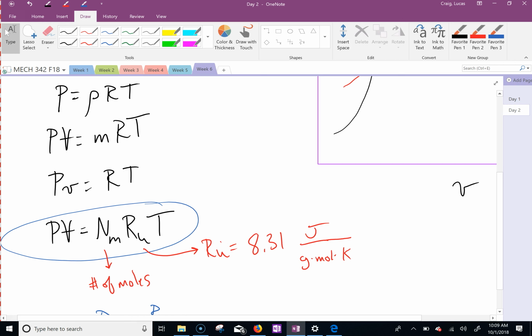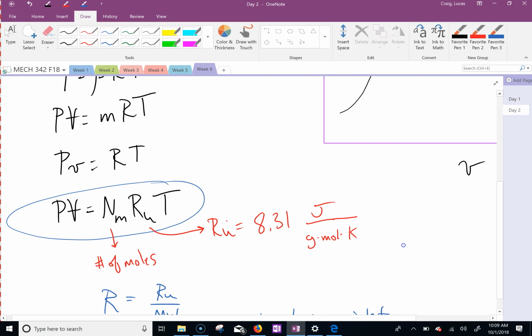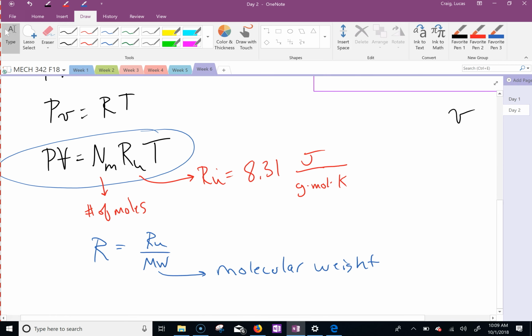Then P little v equals RT. And then down here deals with the universal constant and the number of moles. And then down here you can actually figure out what your R would be if you know your universal constant and your molecular weight. Okay. So these are pretty much the fundamental equations that they use for ideal cases.